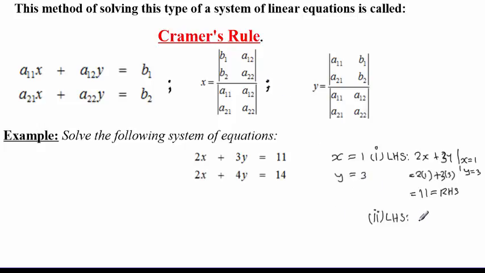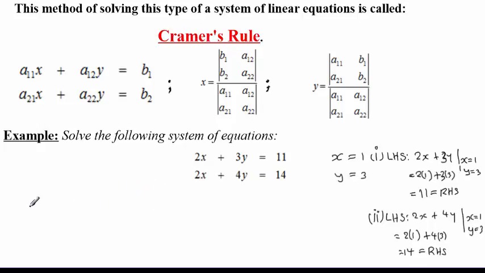The second equation says 2x plus 4y, given again that x is equal to 1 and y is equal to 3. Substituting, we get 2 times 1 plus 4 times 3. 4 times 3 will give us 12, and plus 2, that will be 14, and that is exactly our right hand side. So this is the solution to the equation.